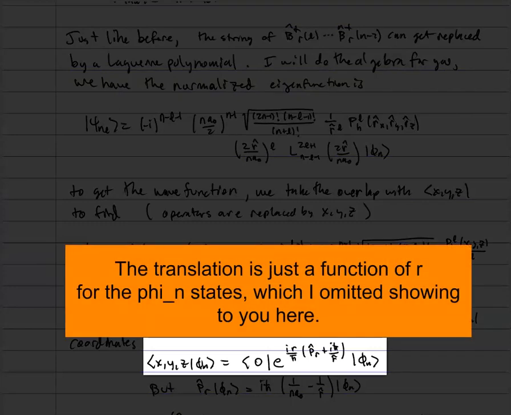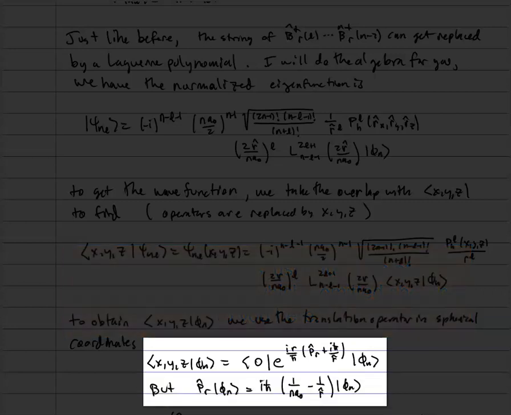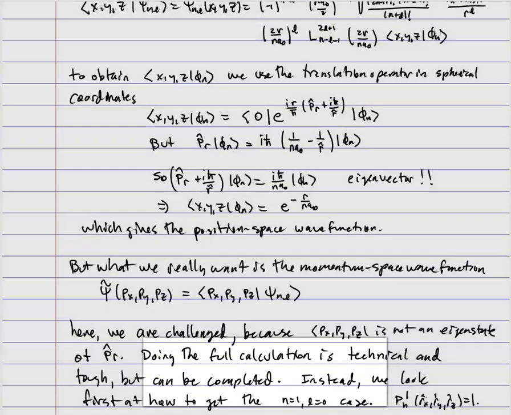We have that translation operator, e to the I r over h bar, p hat r plus I h bar over r hat, acting on this state phi N. Now, p hat r acting on phi N is I h bar times 1 over NA0 minus 1 over r hat times phi N. That we got from our subsidiary condition, the condition that defined the auxiliary ground state phi N. So what are we going to do?